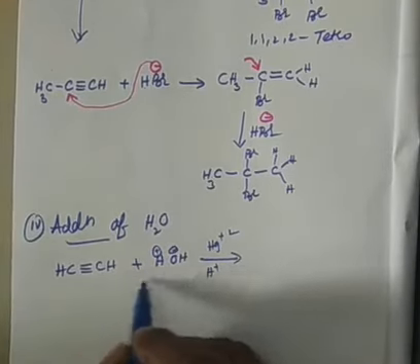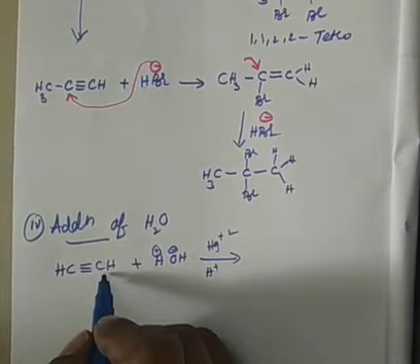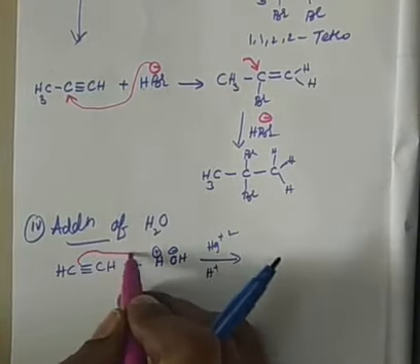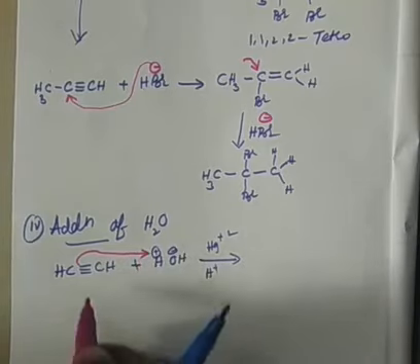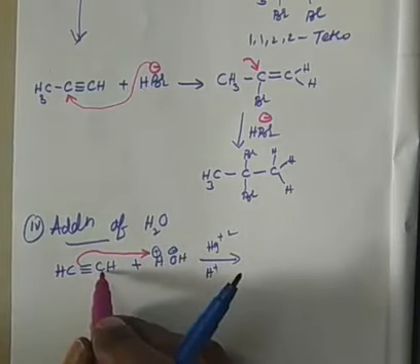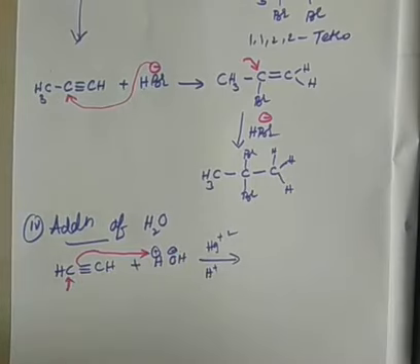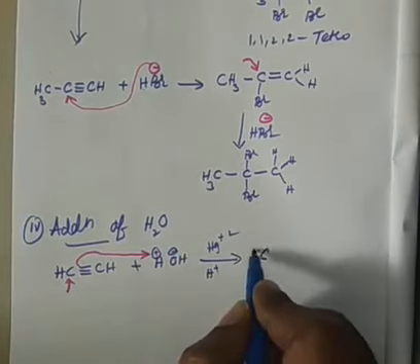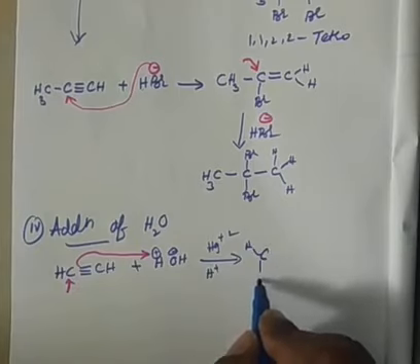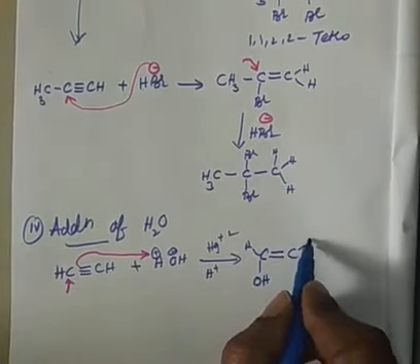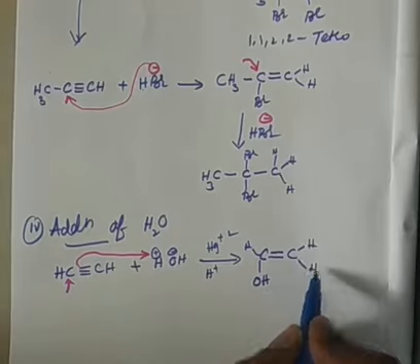See here, again H is added to one and OH added to the other one. Just like heterolytic cleavage, this double bond will abstract this proton. For example, if it abstracts the proton, it becomes CH2 and the negative charge will attack this carbon, right? So let me write one side H, one side OH, and the double bond is as it is, and the carbon, one H already is there and one more H.